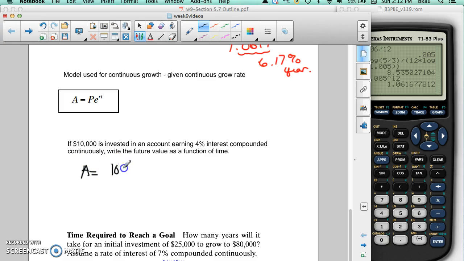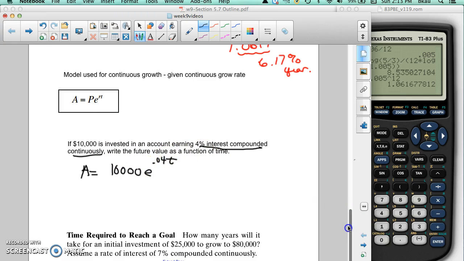In this case we have $10,000 invested at 4%, so it'd be 0.04 for continuous compounding. The formula simplifies a little because we don't have an interest rate per time, but we have it continuously, so the continuous rate is put above the e value here.